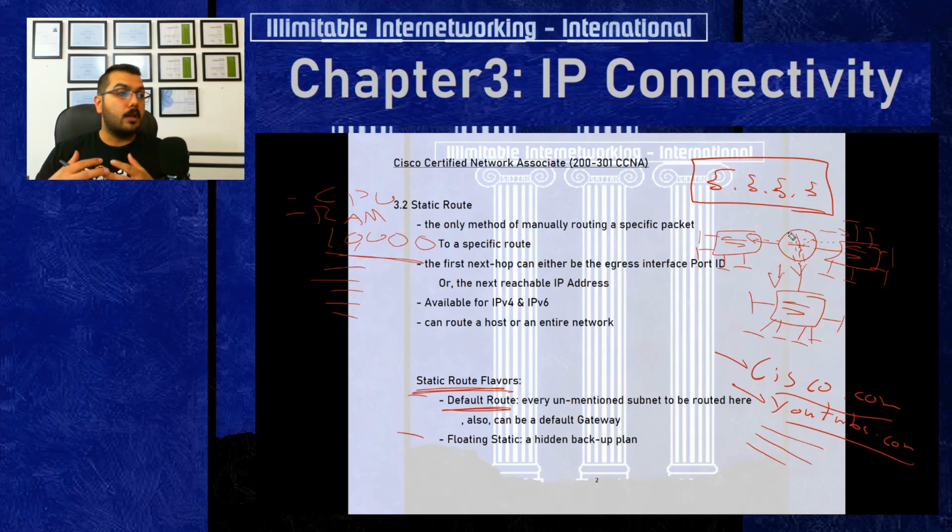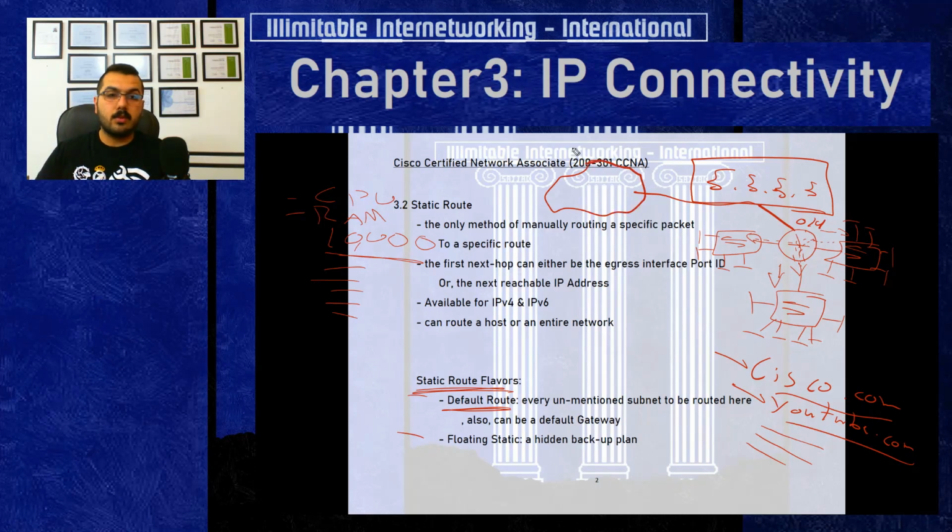In the default route, I do not specify or advertise routes. I just confirm to the router that whenever you receive a packet with an unknown destination because it's not installed in the routing table, then please forward it to this interface, maybe FastEthernet 0/4, and this interface will be the one going to the internet.